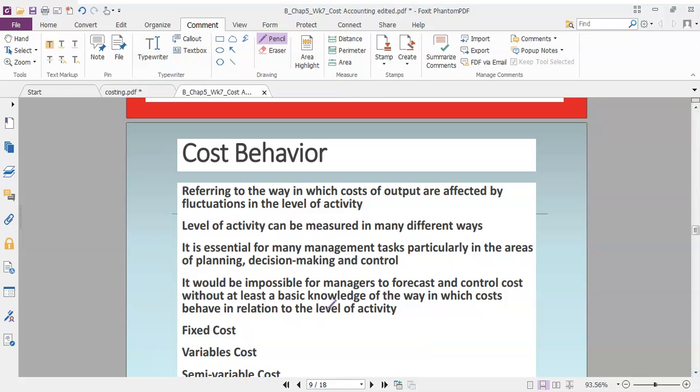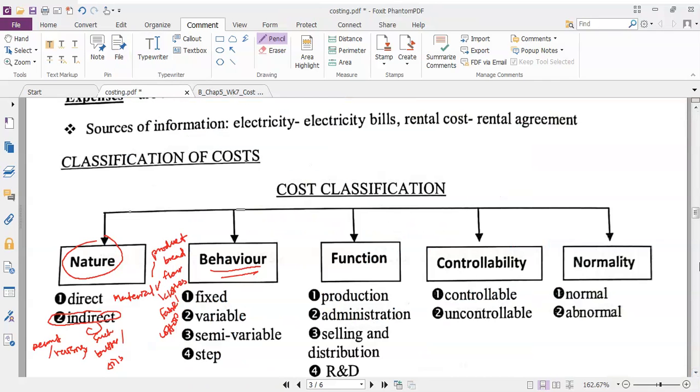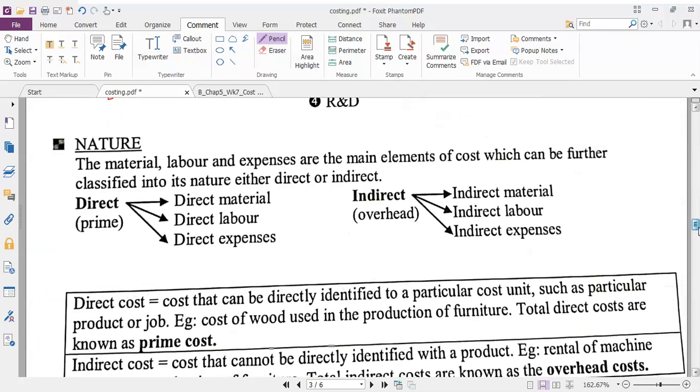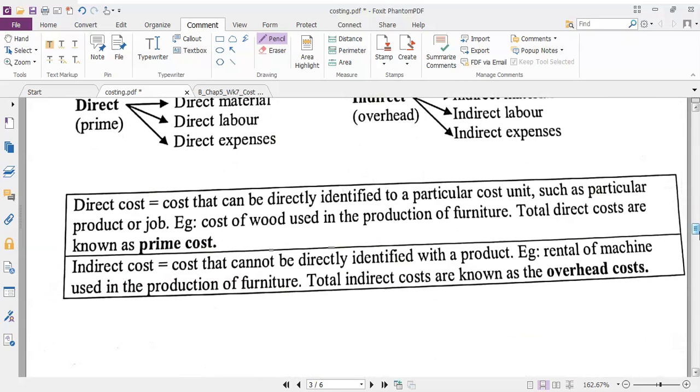Related to the level of activity, there are 4 types of behavior. Look, there are 4 cost behaviors. The first one is what we just did, the direct and indirect.